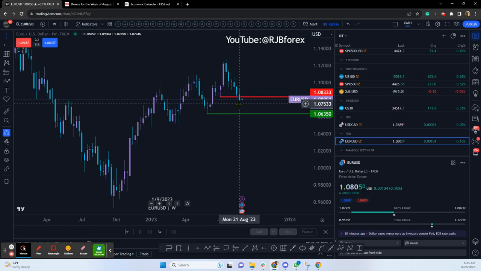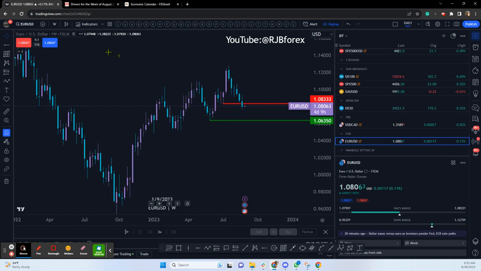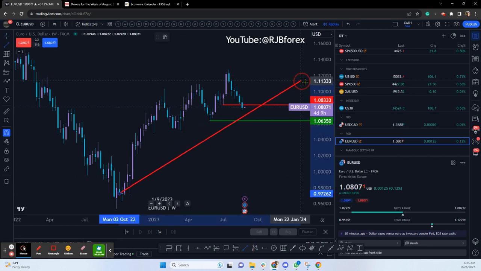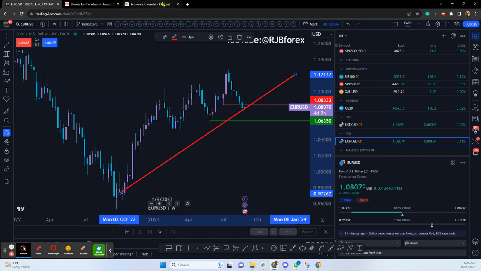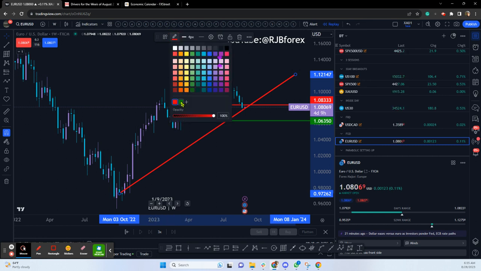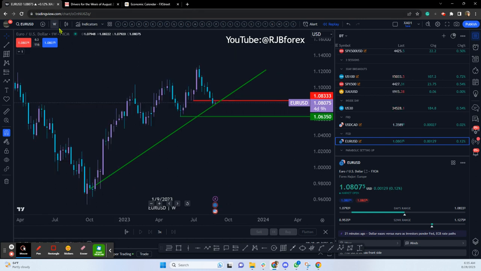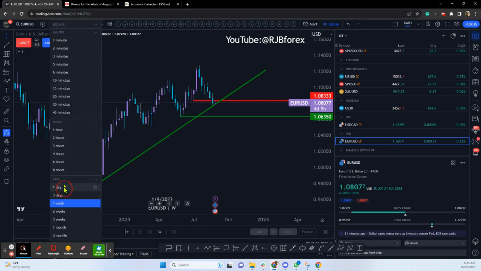Might we be seeing a correction into there before we come down, or are we just going to continue lower? Still on the front side of the bullish trend. Okay, right. Daily chart.